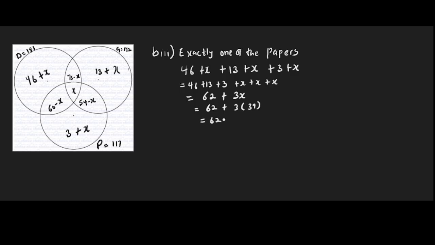Then we have 62 plus 117, that's 179. That means 179 read exactly one of the papers.